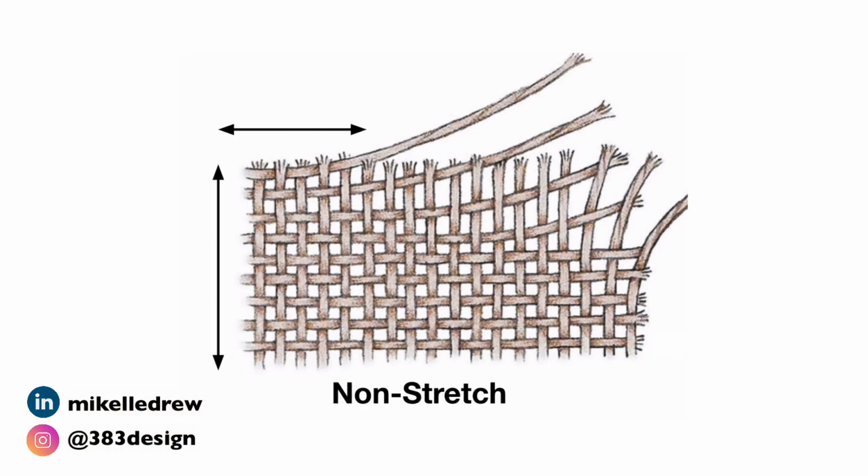Wovens are made with two sets of yarns: the horizontal thread, the weft, and the vertical thread, the warp. The fabric is created by intersecting the fibers in a particular type of weave. And although there are several types of weaves, the most basic is the plain weave, where threads are placed over and under.